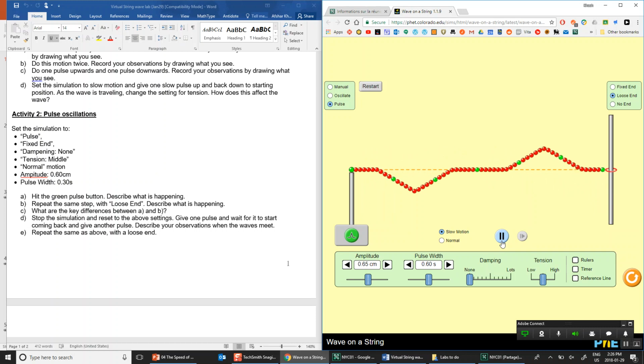Constructive interference and destructive interference. Okay? So that makes sense. Constructive, you add them on top of each other, you're constructing, and you're destructing when you cancel each other out and you subtract the wave.